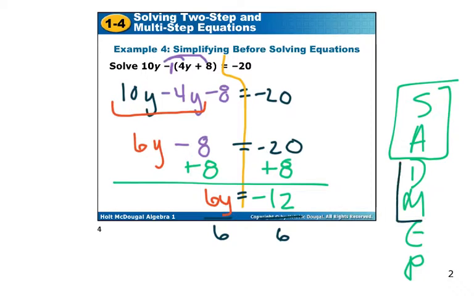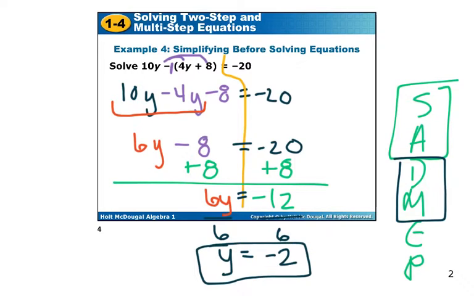As we do division and multiplication, we end up with a y of negative 2. Technically you can plug that back in and check it, but as long as we had that one-step practice, we should be able to get to that result without having to double check. Of course, you can make sure you have all the right answers by double checking.